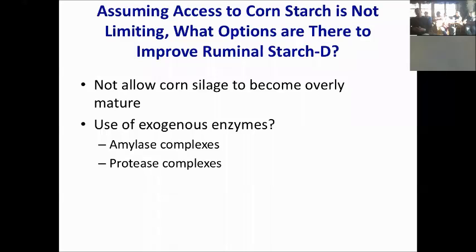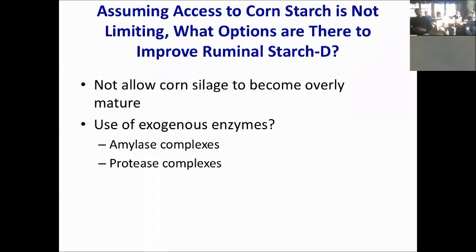And really, I think one of the big things is to try to control what happens at harvest and to not allow your corn to be overly mature when you harvest, realizing that there's a compromise there between starch percentage, total dry matter tonnage yield, and digestibility. But that certainly is something I think that is a big control point that we try to control.